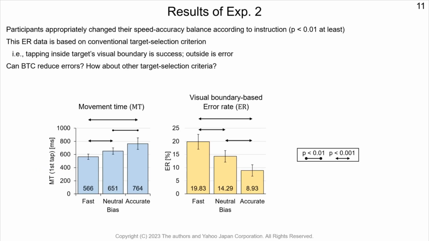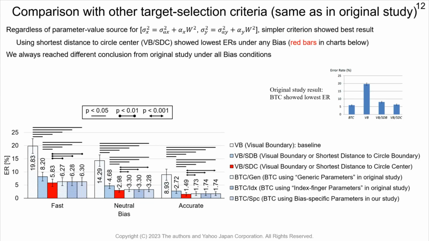The results showed that the participants significantly changed their speed-accuracy balance according to the given instruction. The error rate data in this figure is based on the visual boundary of the target. Our question is whether BTC can reduce the error rates compared with other possible target selection criteria. We compared 4 criteria that were the same as in the original study.